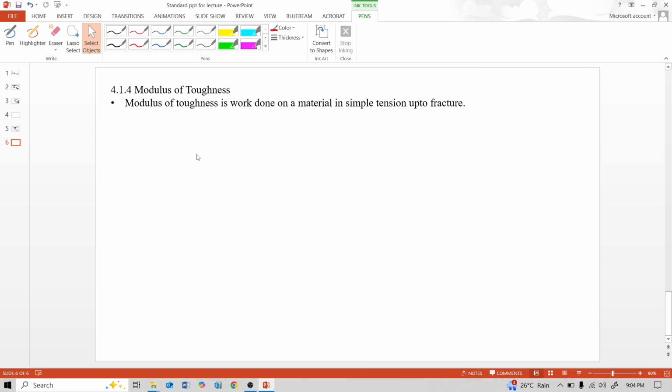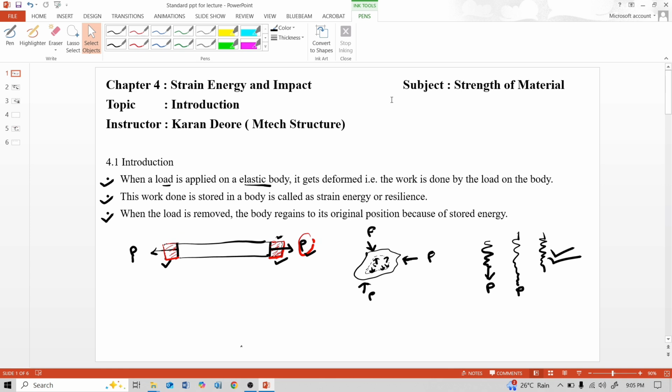And modulus of toughness is the work done on a material in a simple tension up to fracture. The words "up to fracture" are important here. This is modulus of toughness. So this is our introduction for the strain energy and impact chapter. Thank you very much.